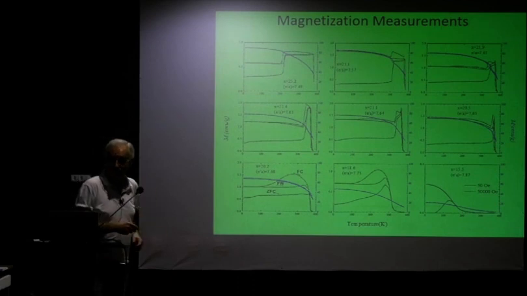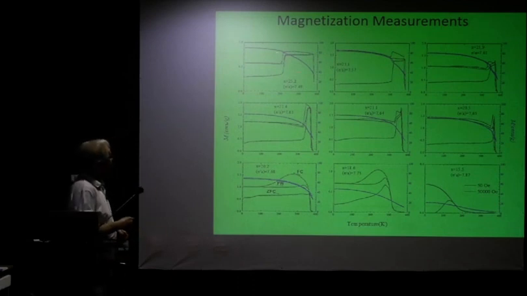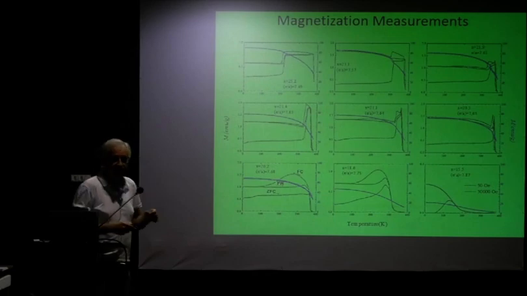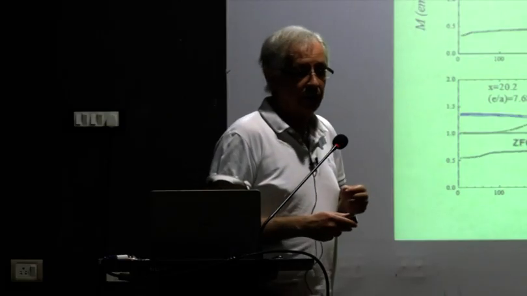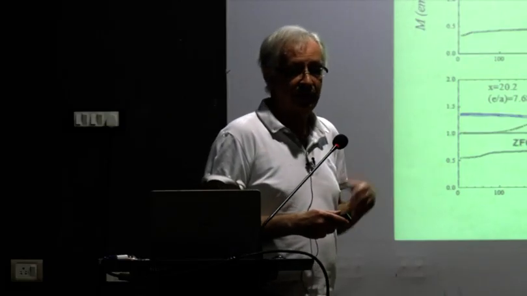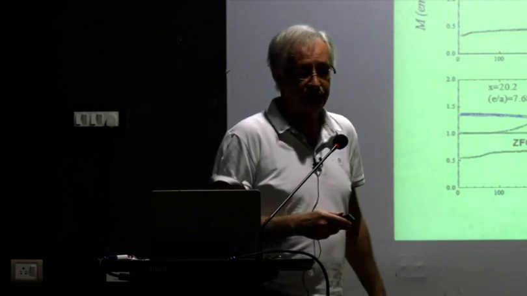You had to do something else to understand that. And then when we do this in 5 Tesla, you see that in these strong field regimes, in all cases, you always find a small thermal hysteresis there. That tells you that even in 5 Tesla, the transition is still there.